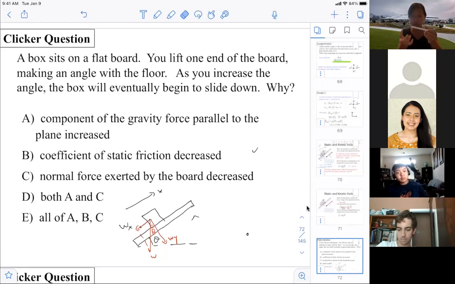One of our students in our group talked about this idea: let's think about the other extreme, going from completely horizontal to completely vertical. Then you have gravity pulling it all the way down along the ramp. Eventually, at one end nothing is pulling it along the ramp, but at the other all of the gravity is pulling it along the ramp. So you have two extreme cases, okay?